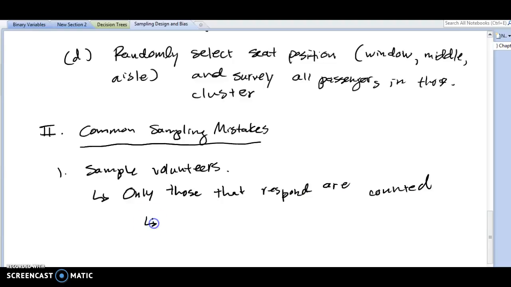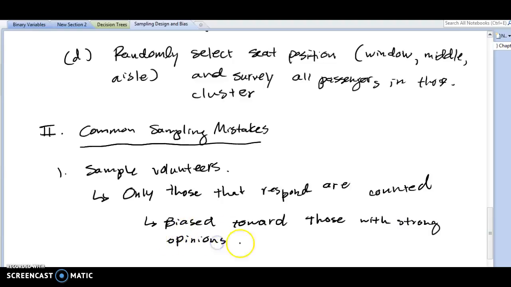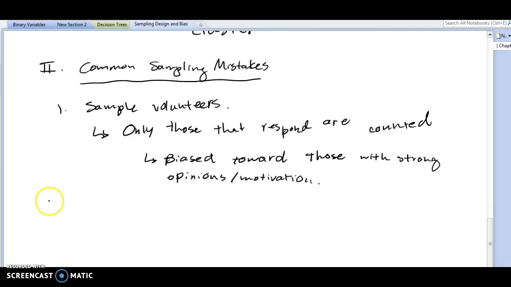This is often biased toward those with strong opinions and those who are strongly motivated. Two, sampling conveniently.